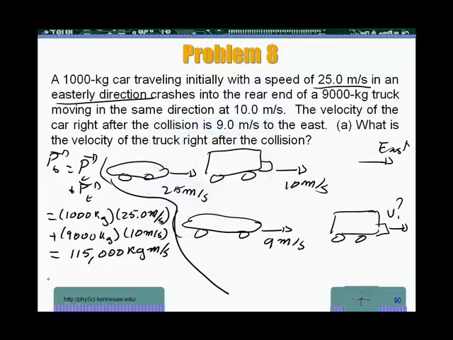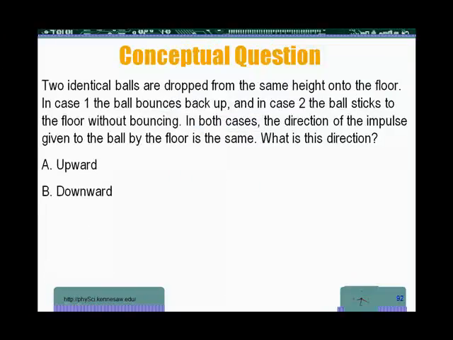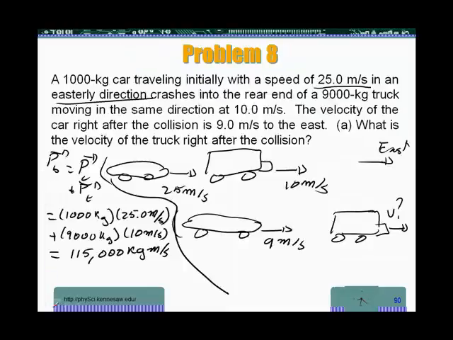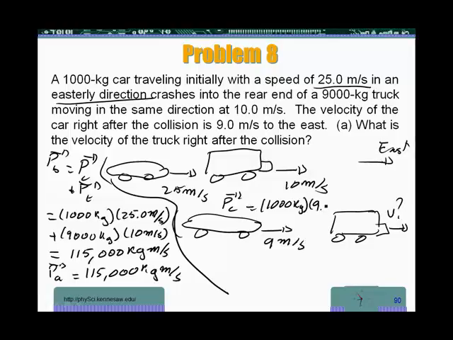Okay, let's go here. A mishap. Momentum after the collision should be that same 115,000 kilogram meter per second. Now, what's the momentum of the car after the collision? Momentum of the car after the collision is the mass of the car, 1,000 kilograms, times the 9 meters per second.